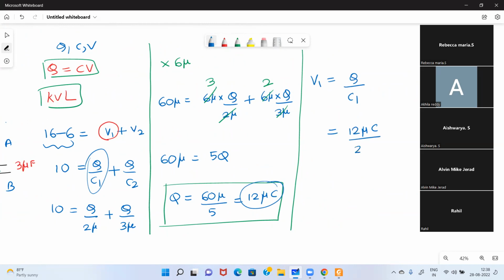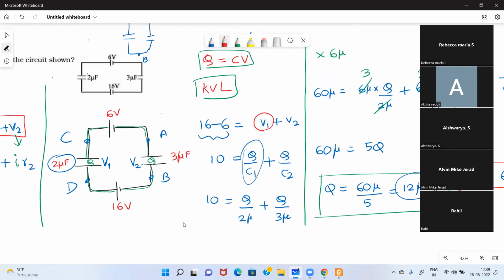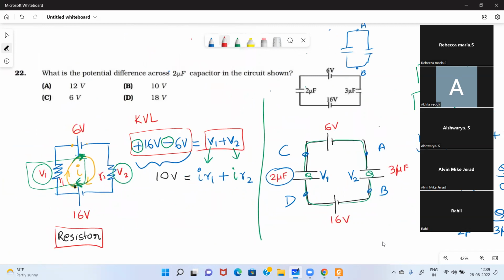What is C1? 2 microfarad. So this gets cancelled. You get 6. So V1 is equal to 6 volts. That's the answer. So which option is right? Option C. Third option.